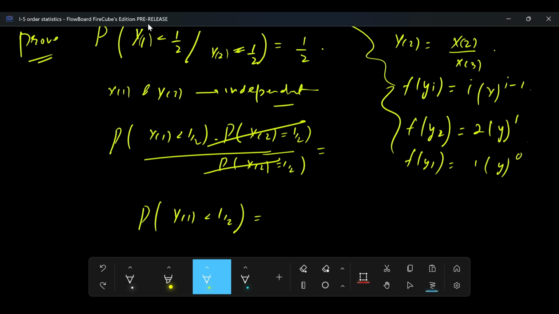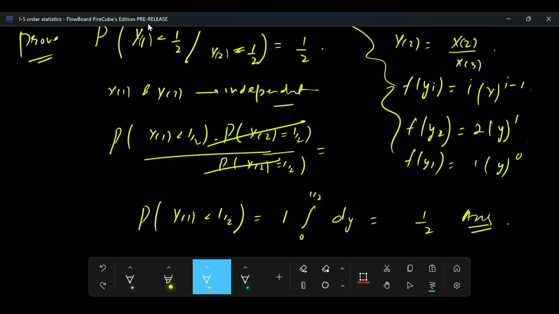Simply this is 0. Anything raised power 0 is 1. So this is 1, 0 to 1 by 2 dy. That's equal to 1 by 2. This is my answer.